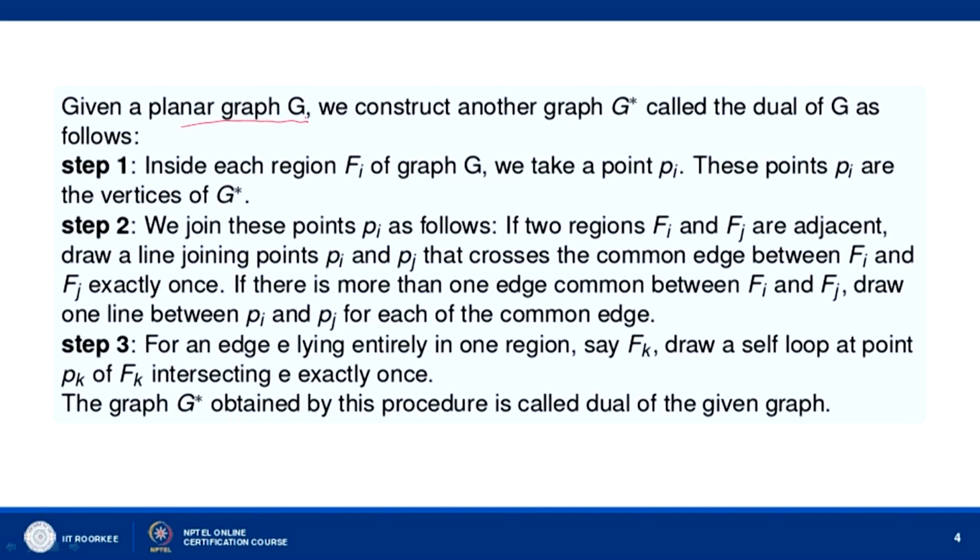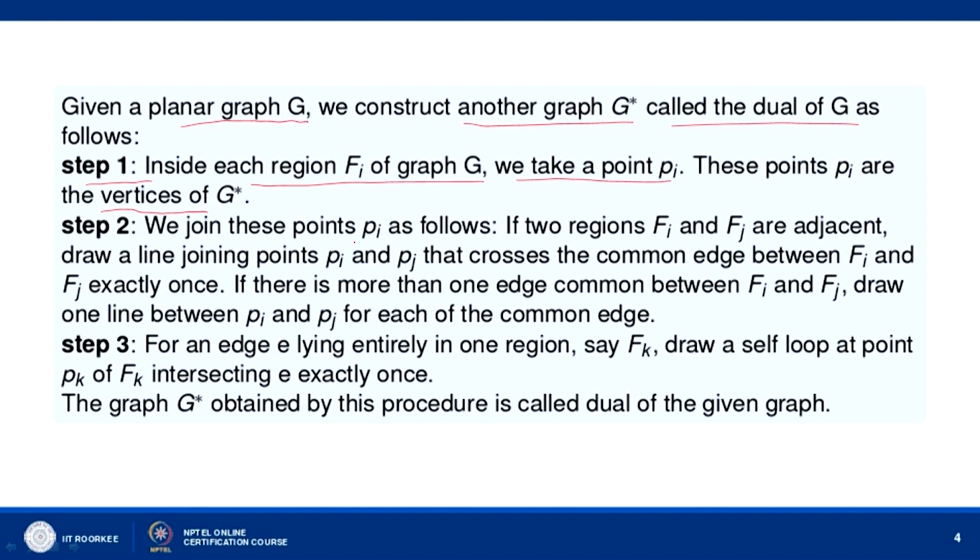Suppose we have a planar graph G, then we can construct another graph G star, which is called the dual of G, by following these steps. Step 1: inside each region Fi of graph G, we take a point Pi. These points Pi are called the vertices of the dual graph G star.